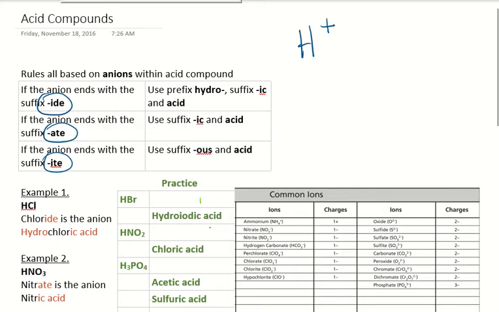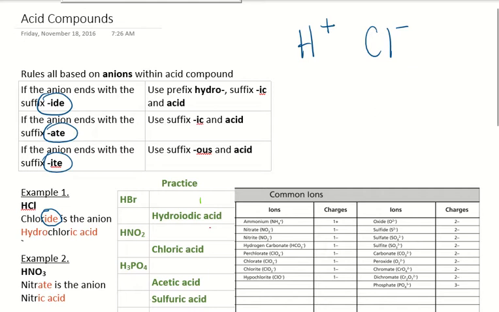So let's take a look at chlorine when it becomes chloride. So here we have chloride. Take a look down here. IDE. When you have IDE, you are going to replace the IDE with ic. You are going to use the prefix hydro and add acid at the end.